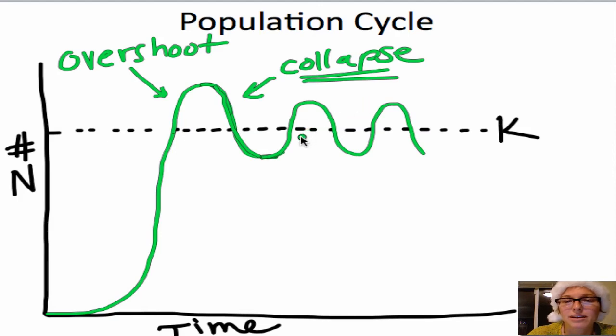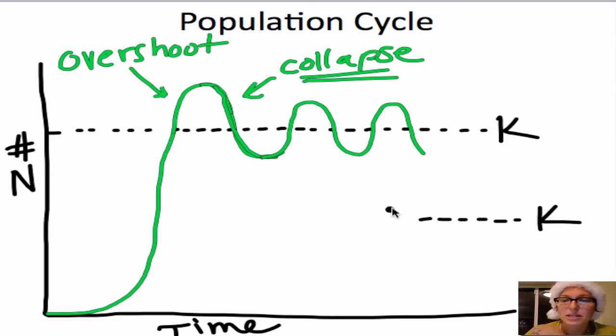So we're going to take a look at more details of this overshoot and collapse and where it's going to happen geographically. But another thing that comes into play is some sort of mega environmental change. And this can be anything. It can be some permanent environmental damage like global climate change, or a depletion of a really important resource like fresh water.